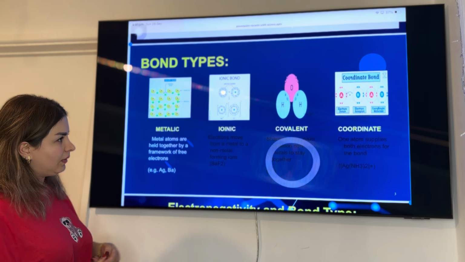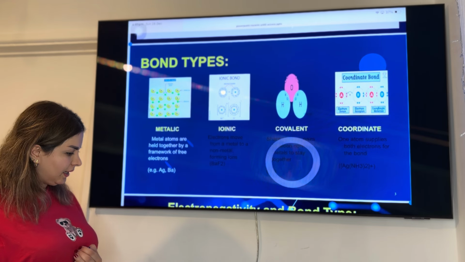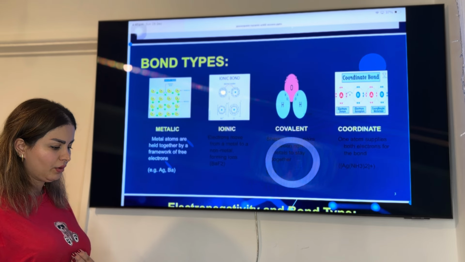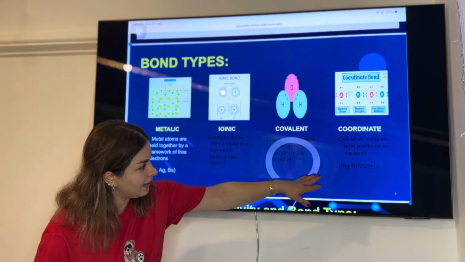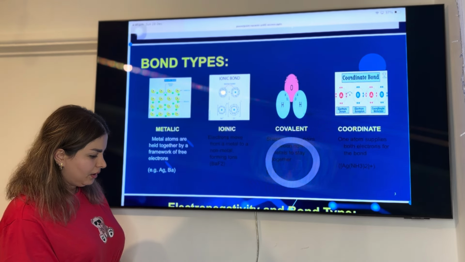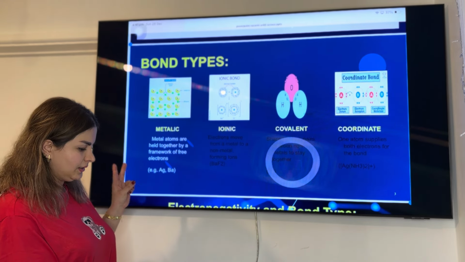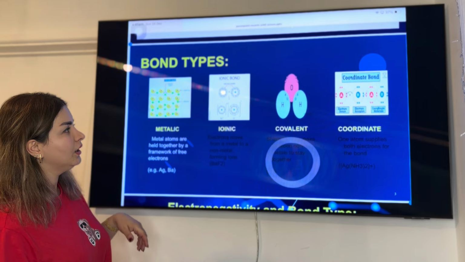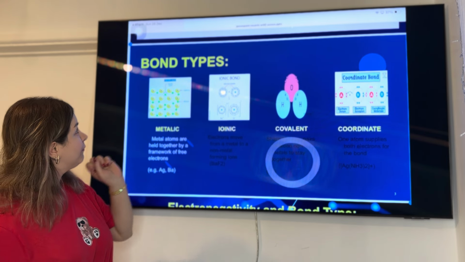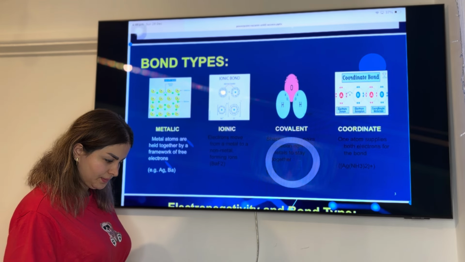At the end, silver can also form coordinate bonds, for example in the complex here, where both electrons in the bond come from the nitrogen atom in ammonia. So these are four types of bonds.